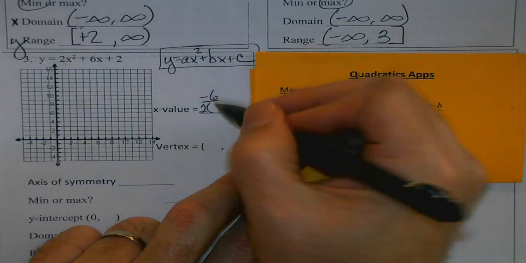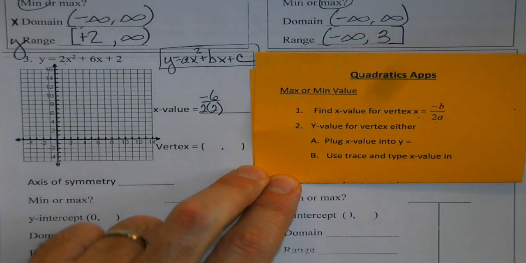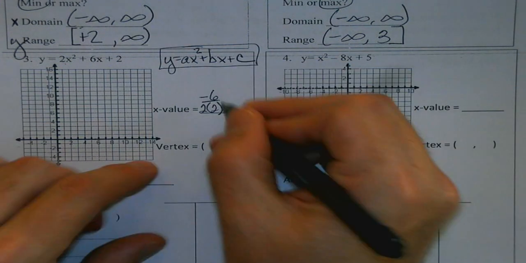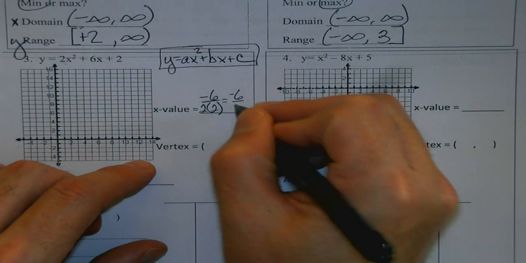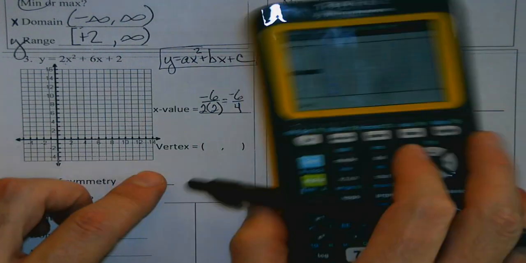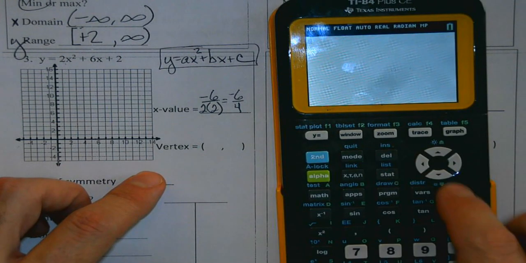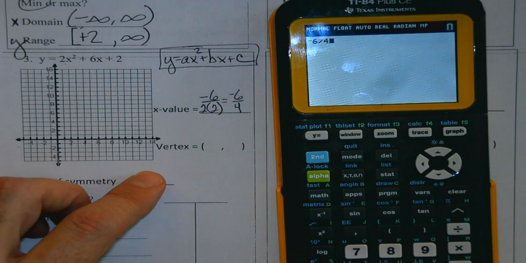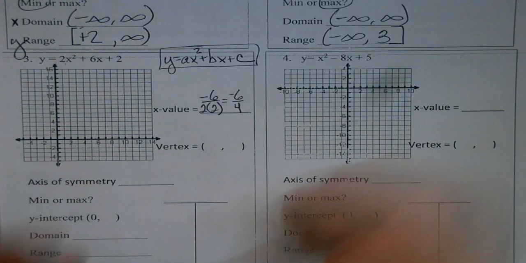Over to A. Ew. This doesn't look like this is going to be fun. Negative 6 over 4. Harty, this isn't going to be decimally, is it? Maybe. Yep. We done got a decimal.